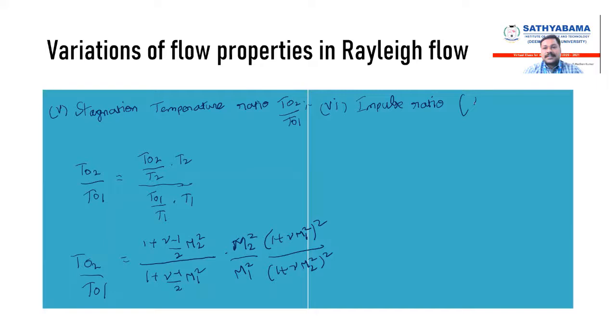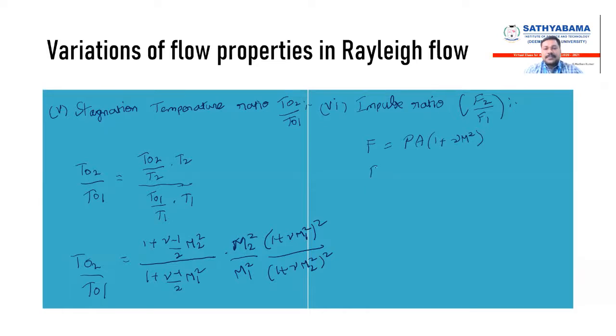It is nothing but F2 by F1. We have estimated impulse in the Fanno flow equation itself. So let's write this F as PA times 1 plus gamma M square. This is the relation.